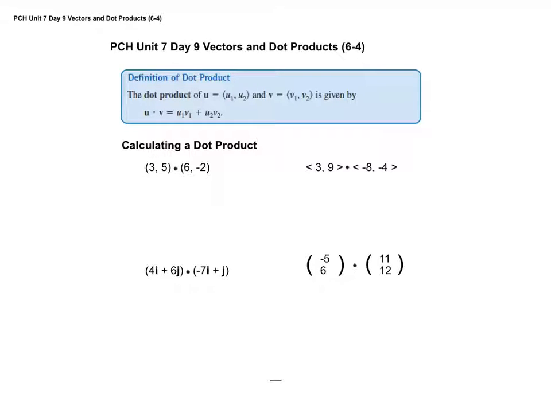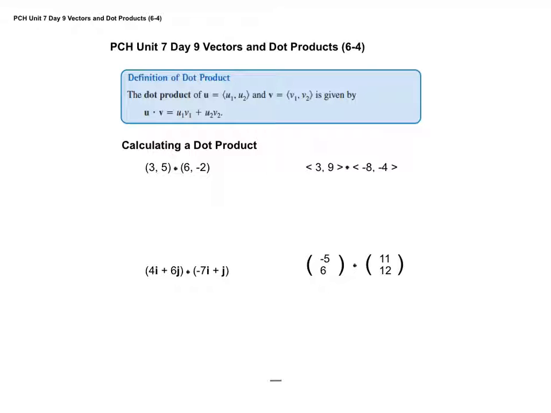Can someone put this formula into their own words here? Isn't it kind of like the sum and difference formulas? Yeah, it's kind of like the sum and difference formula, but it's not. I guess you could think of it that way, but just think of it in terms of the vector here. We have u1 v1 plus u2 v2.